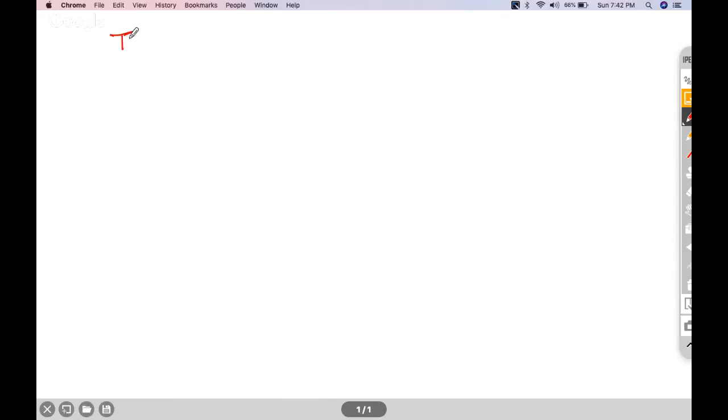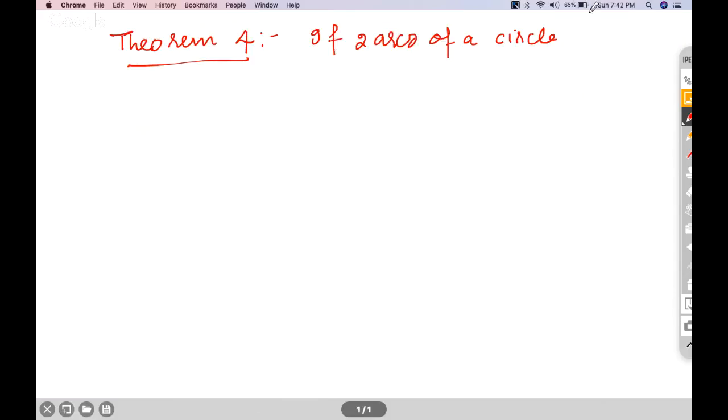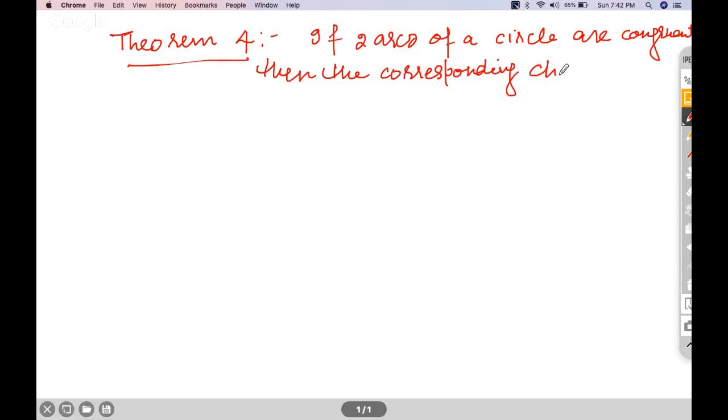Theorem 4 is actually the same thing. It is saying that if two arcs of a circle are congruent, then the corresponding chords are equal.